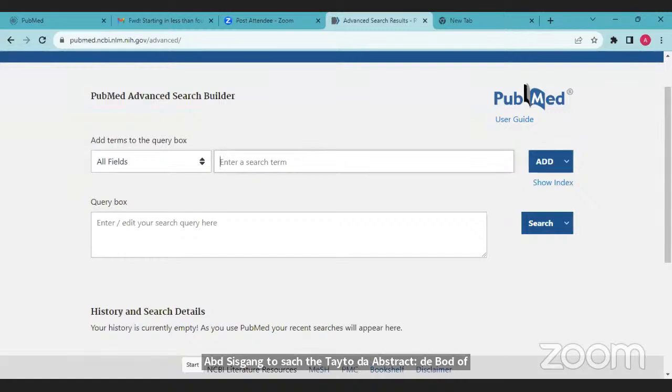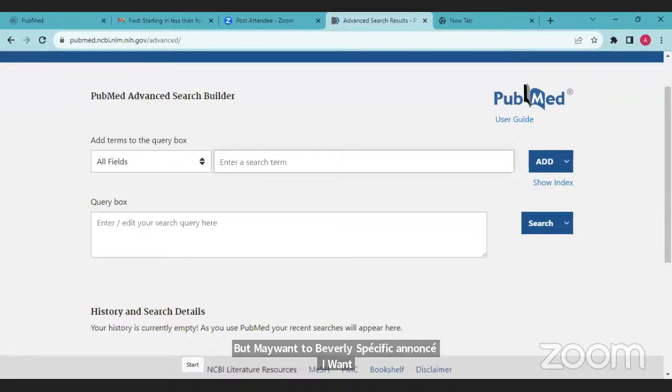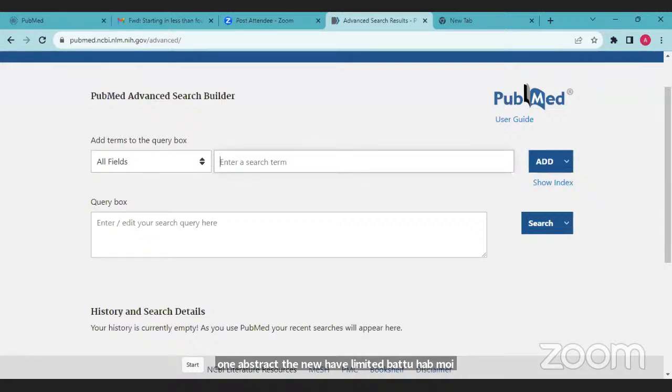The system will search everywhere. But you may want to be very specific and say, I want where this word appears in the title and in the abstract. We all know that the abstract is a summary of the entire paper, isn't it? So if you say I want to search the title and abstract, then you have limited, but you'll have more precise results.